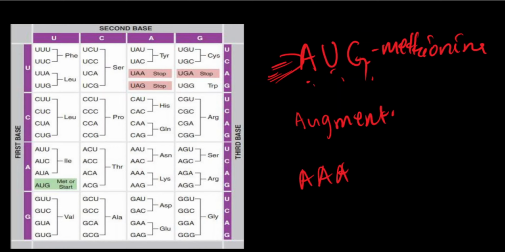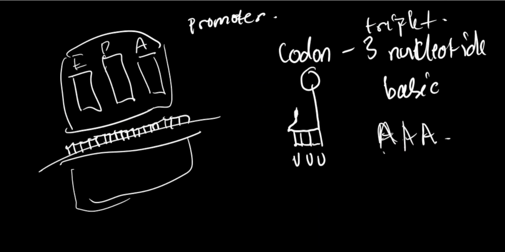Now when the mRNA starts with AAA, the ribosome basically scans through the mRNA until it gets to the point where it reads AUG.